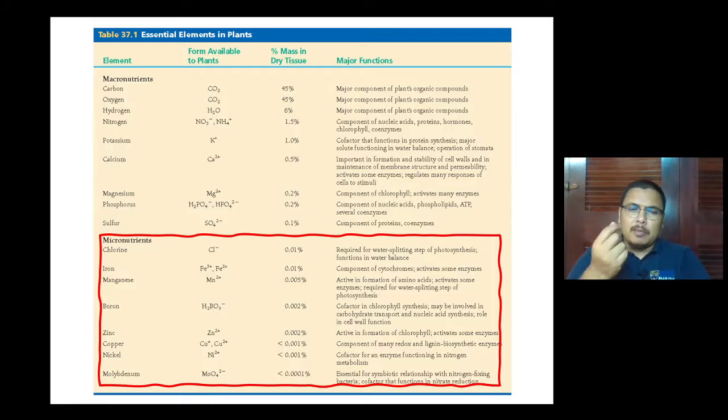Sometimes a tiny little bit of an element is important for the plants for their own survival. So these are the macro and micronutrients that are really important for plant growth.